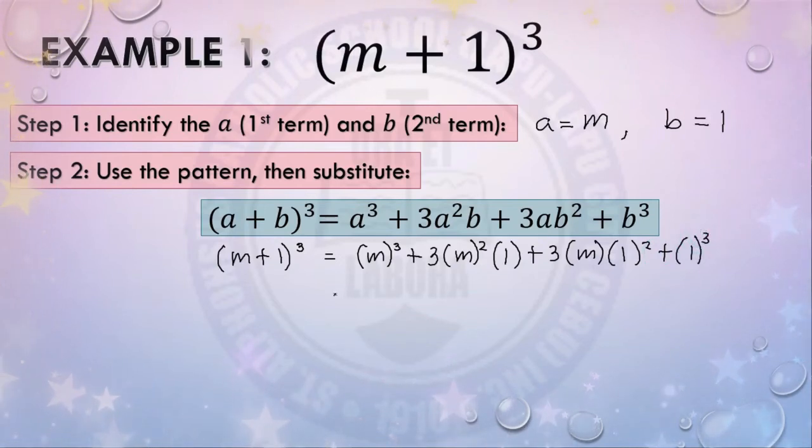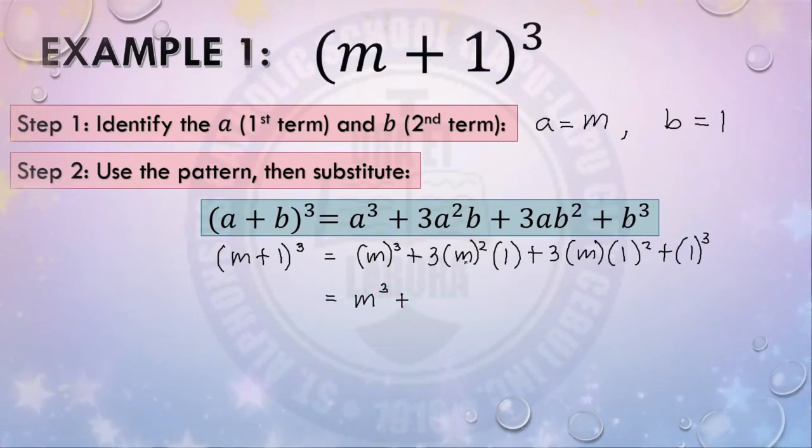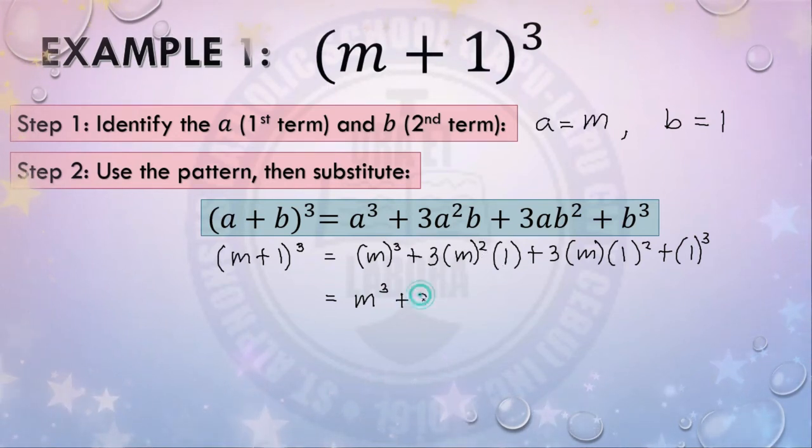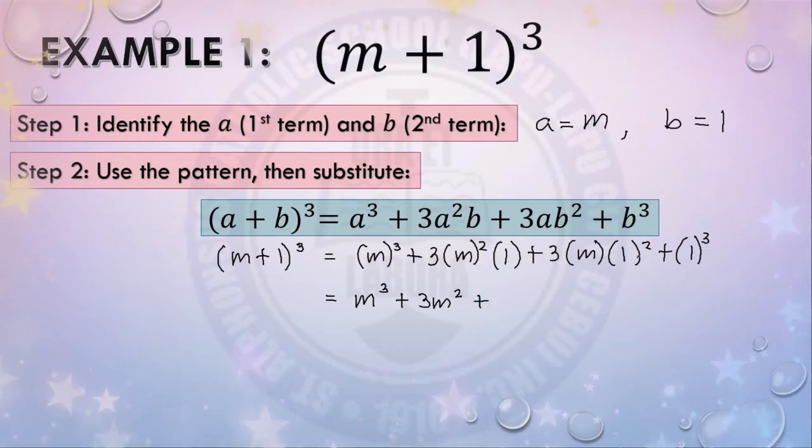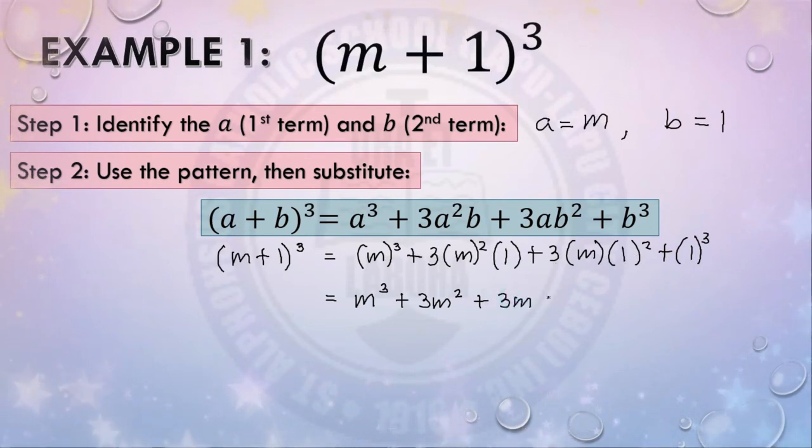Then simplify. This is m cubed plus, what is m squared? So still m squared times 3 times 1, that is 3m squared, plus 3m times 1 squared. 1 squared is 1 times 3, still 3m, plus what is 1 cubed?